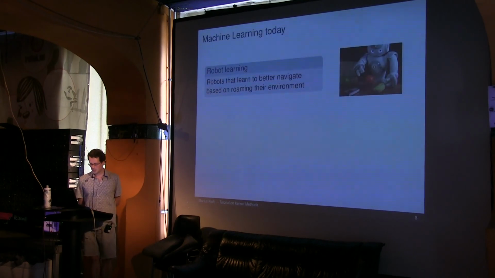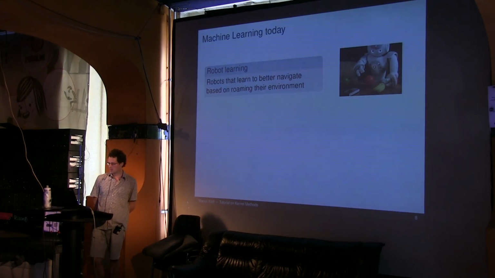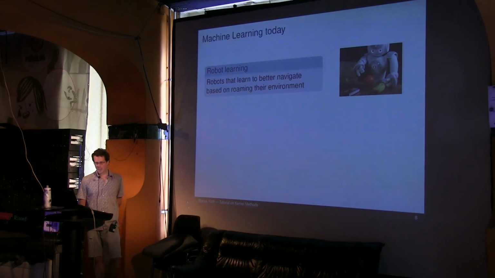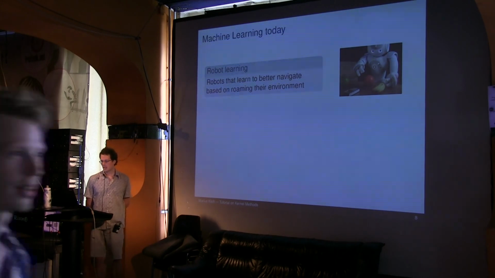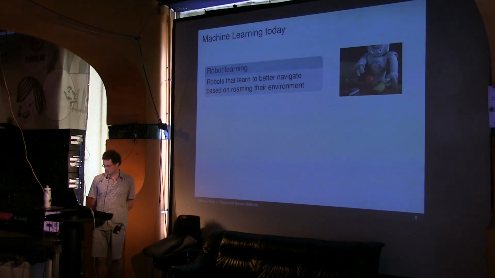And of course, we can do a lot with machine learning. There's a big hype on machine learning and big data and all kinds of application fields in the information age. So one classical example is, of course, robot learning, making robots to learn better, navigate better based on roaming their environment.